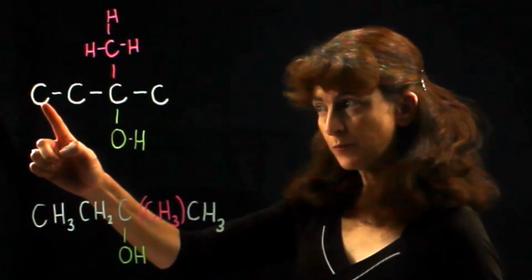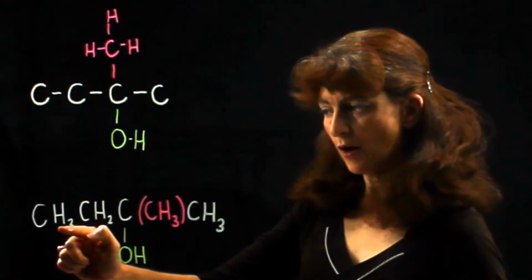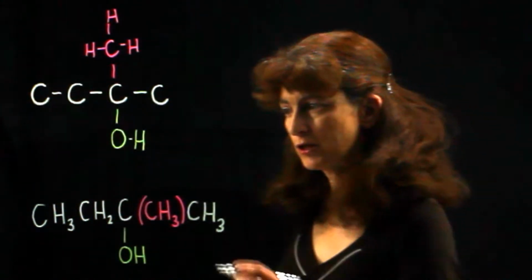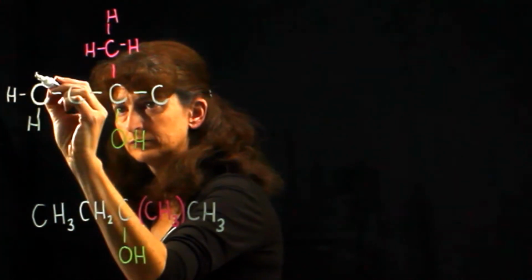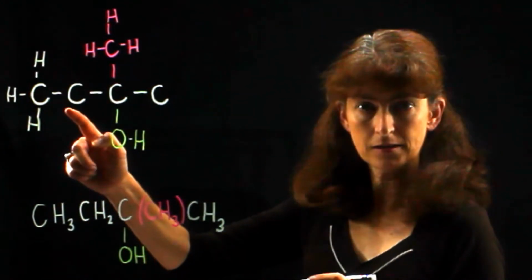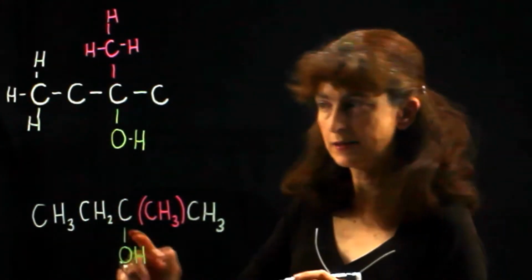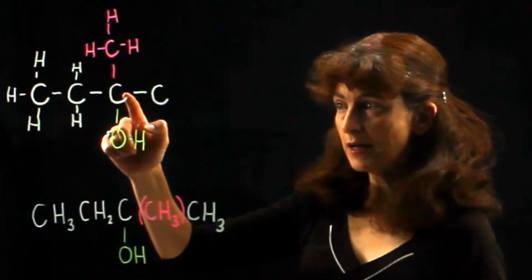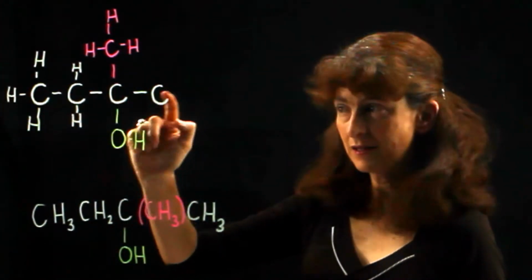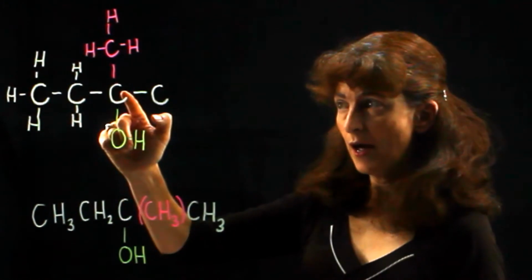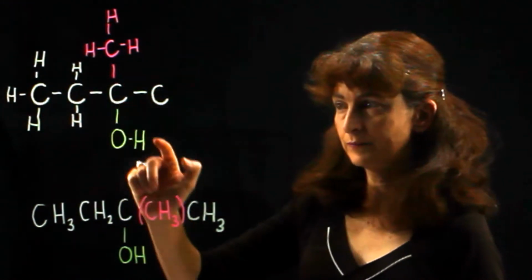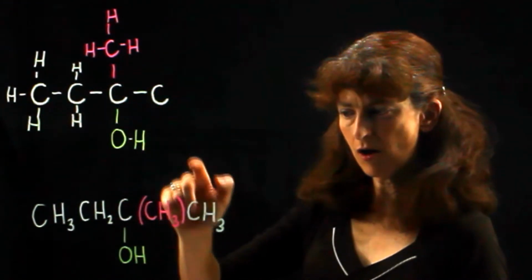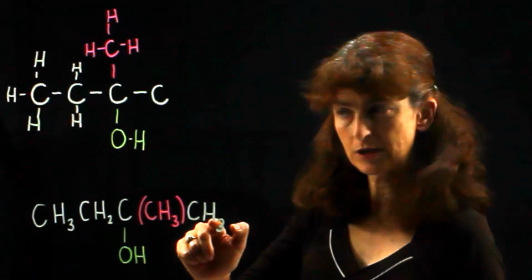This carbon corresponds to that carbon, and there are 3 hydrogens attached. This is that carbon, 2 hydrogens. This carbon is attached to 2 carbons, the hydroxyl group and the methyl group. And then this is the end carbon here with 3 hydrogens.